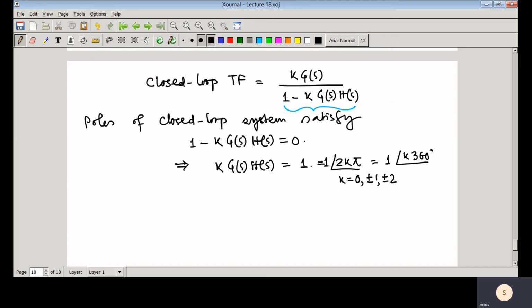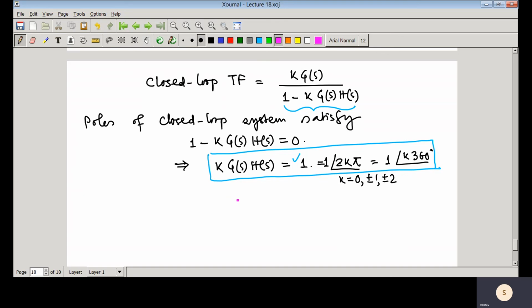So this particular condition should be satisfied just like the negative feedback structure. Only the difference here is the sign. Whenever it is plus, that is one angle K 360 degree. So this is the angle criteria, and from here you have two things.